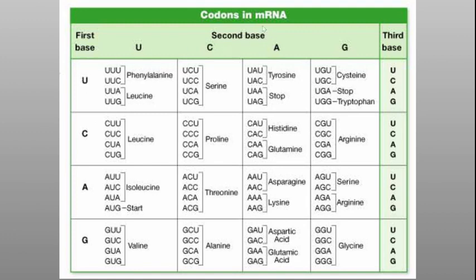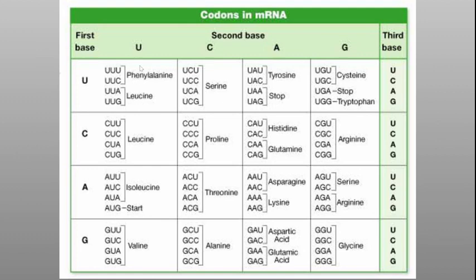Now, up here is where we find our second base. So we know that if it's UU, we are only going to be looking at these codons. Now, finally, we have our third base, which is over here, which I said was U. So we know that we need to go all the way across the top.